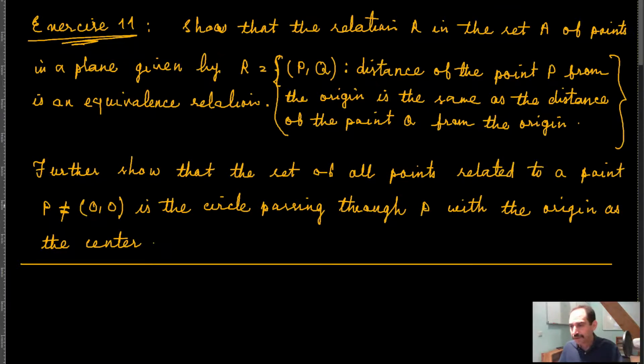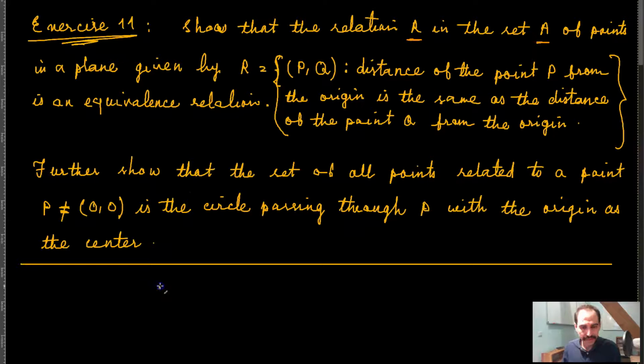Okay, so the question that we have is exercise number 11, which is: show that the relation R in the set A. So you have some relation R, you have some set A. The set A is all the points in a plane.